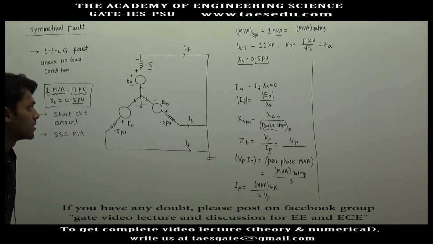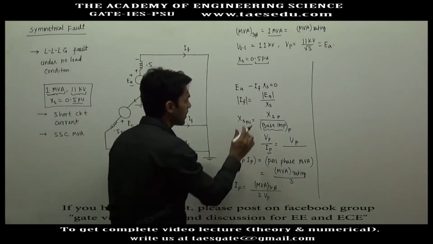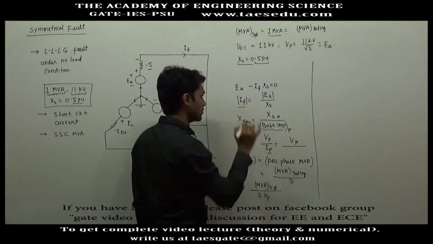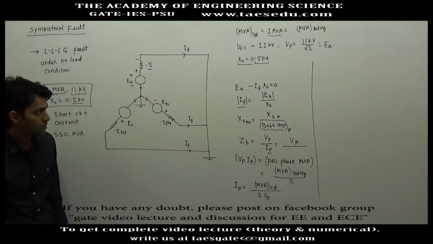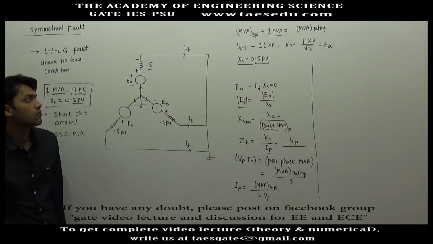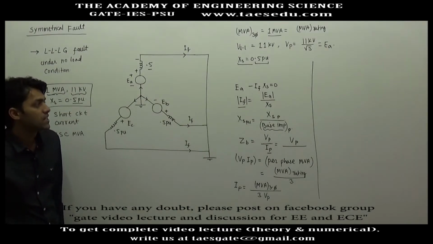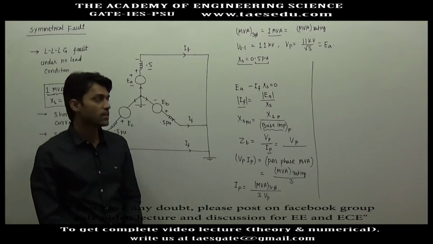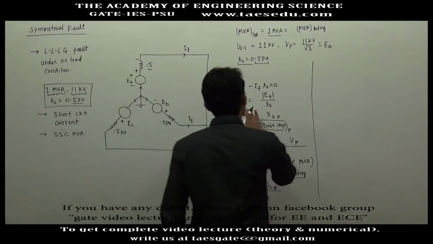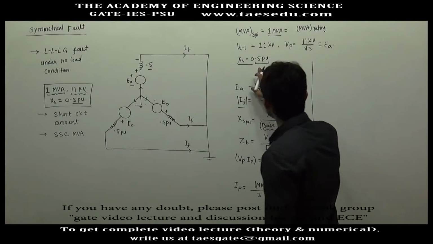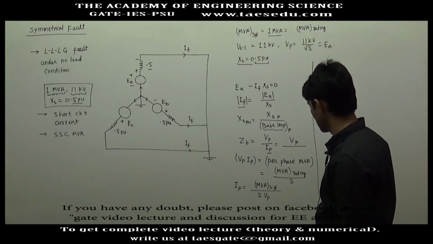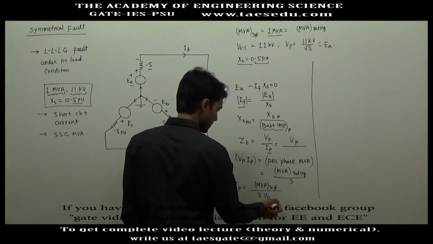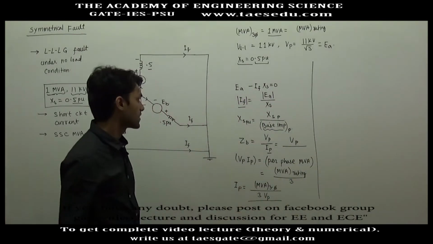Actually what we are doing is, first I am calculating the absolute value of fault current in ampere, then I will calculate the fault current in terms of PU, and we will try to relate the PU value of fault current with the PU value of synchronous reactance. So this is the base value of phase current.